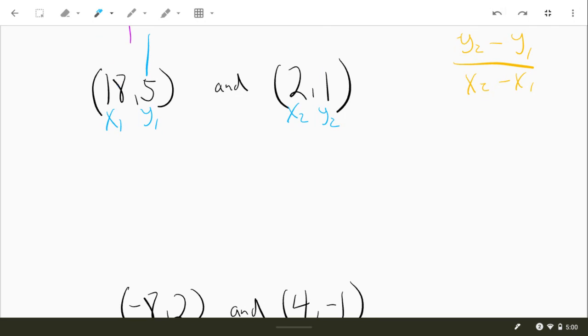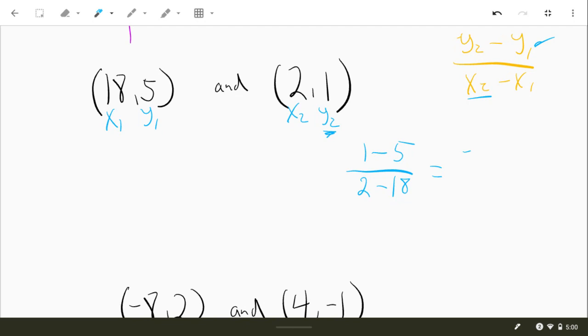So the top number, we're going to subtract the y values. I'll just do it straight from the way the formula says: y2 is 1 minus y1, which is 5, over, and then we subtract the x values: x2, which is 2, minus 18.